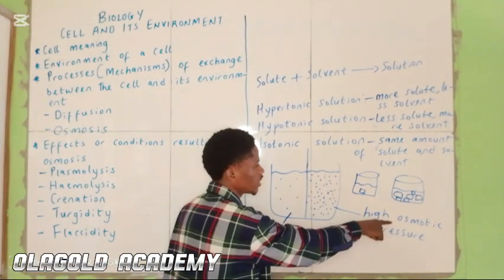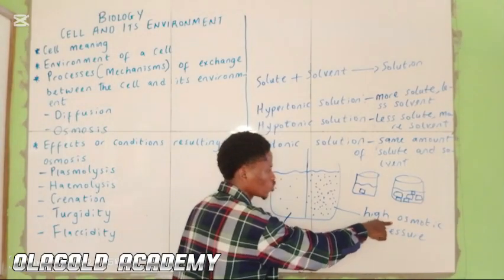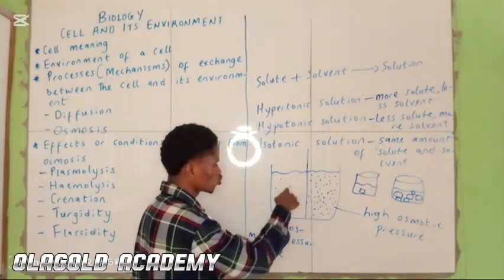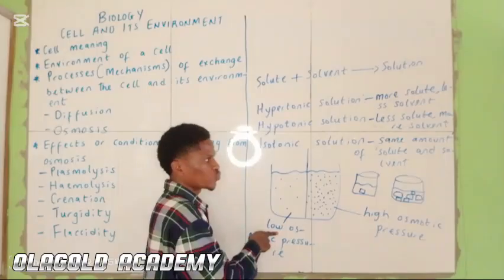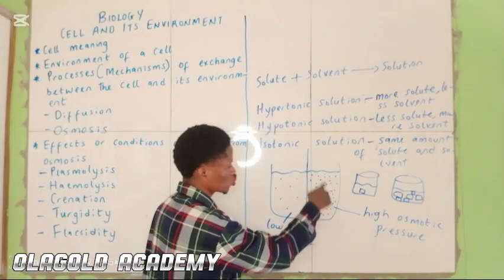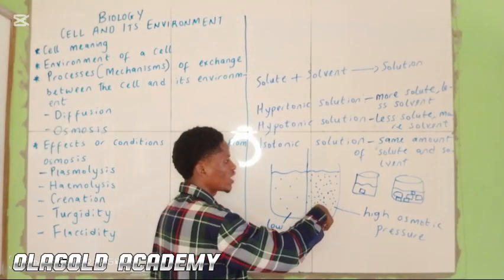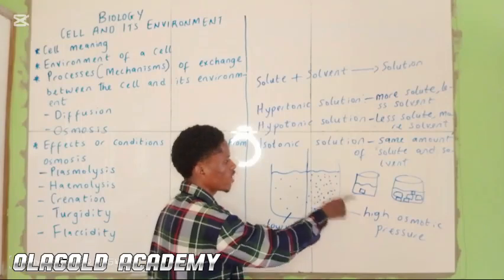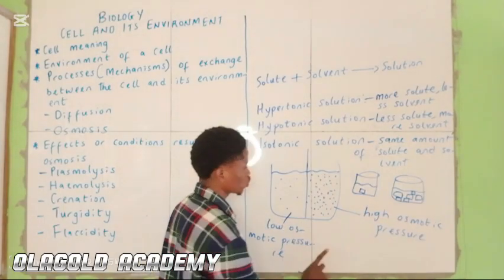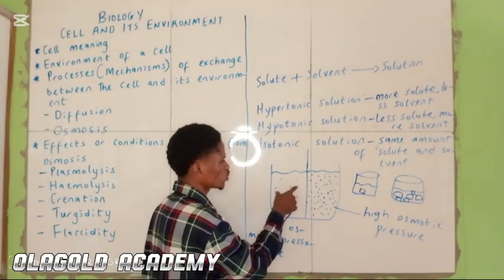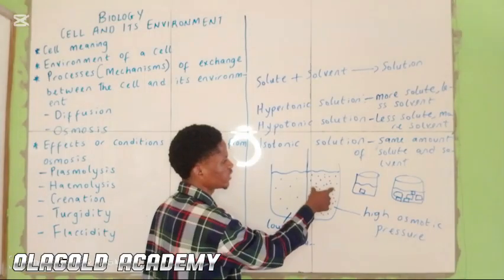So it has what there? High osmotic pressure. Here, less solute, low osmotic pressure. Much solute, or let me say high amount of solute. So you have what there? High osmotic pressure. So water molecules is much here, water molecules is less here.